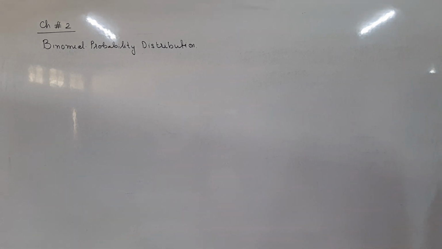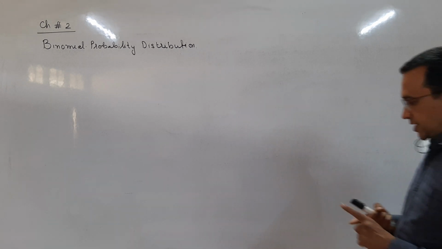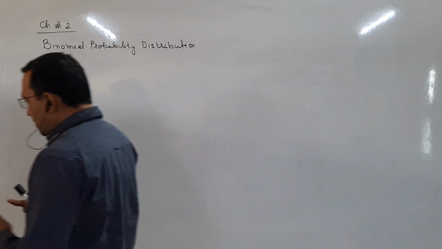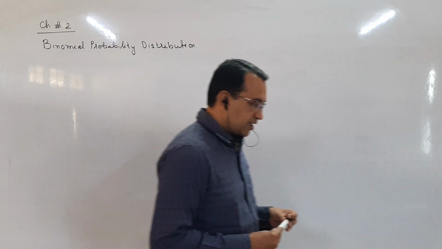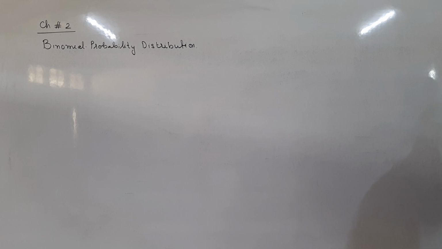The meaning of countable infinite number of values, students, is a very large value in terms of number. So in a nutshell, a random variable which can assume finite or countable infinite number of values in the set R, where R is the set of real numbers, is called a discrete random variable.